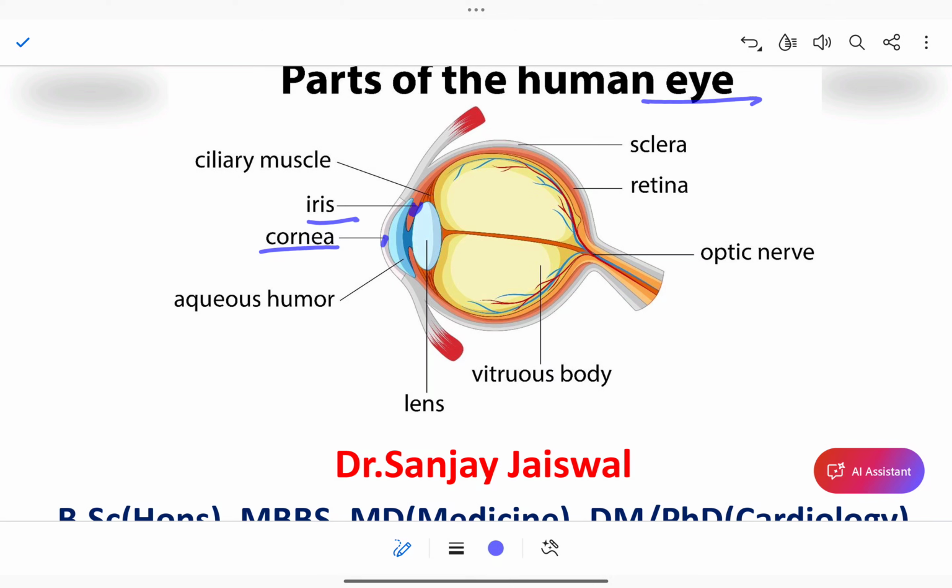Optic nerve, retina, sclera, ciliary muscles, vitreous body. This is lens. This is aqueous humor.